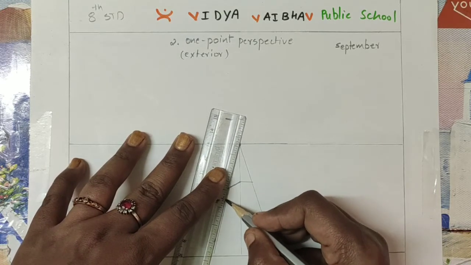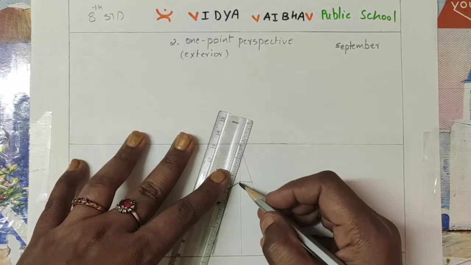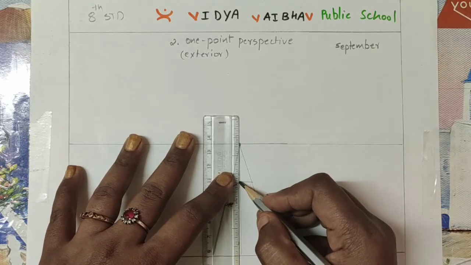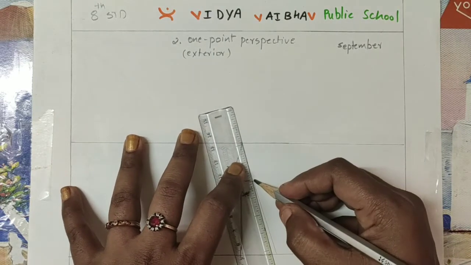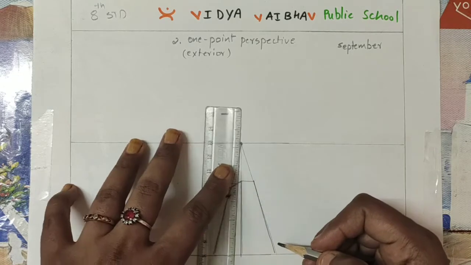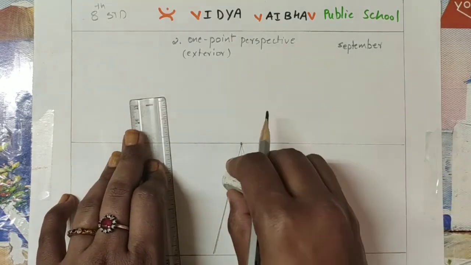You should feel that the line and stroke look like a building, because here we are doing an exterior outdoor.